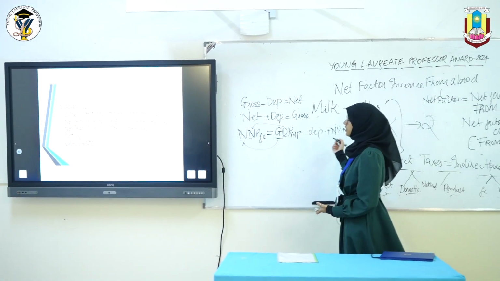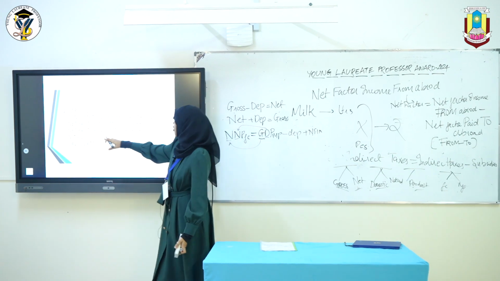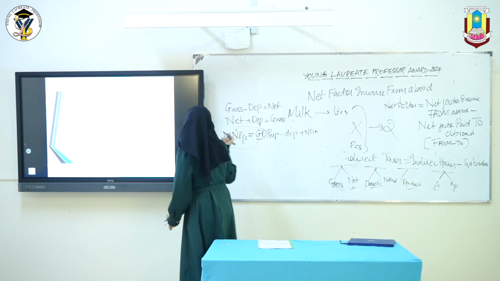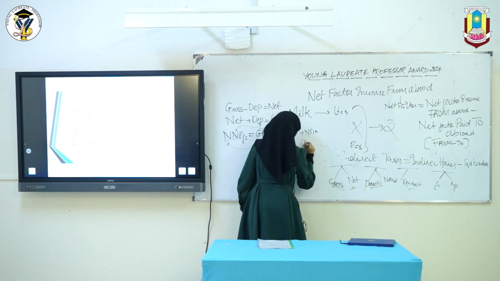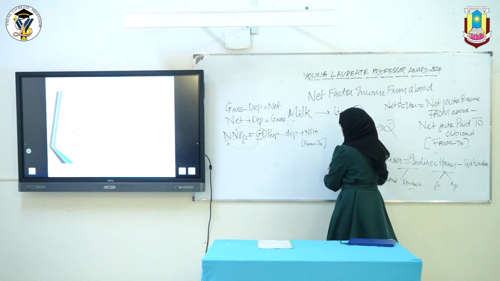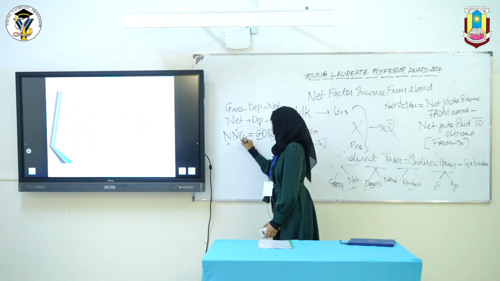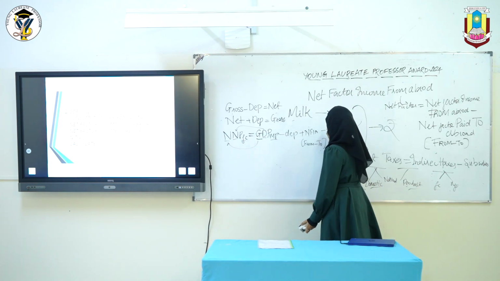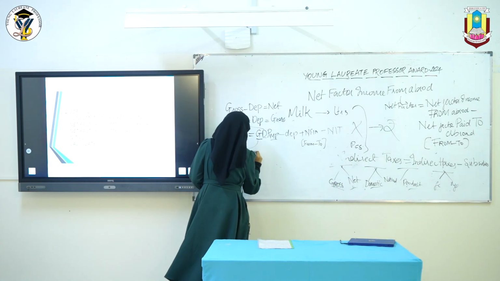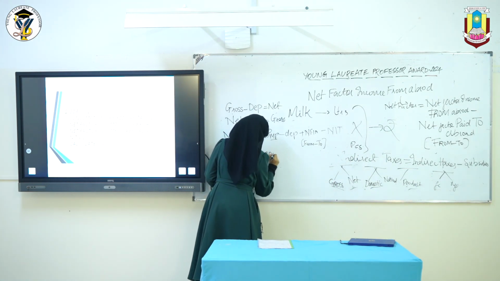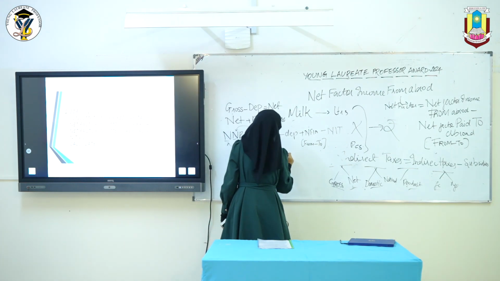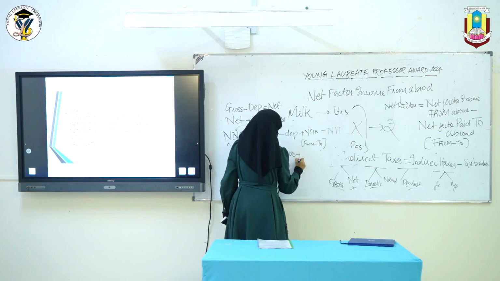We are not given NFI directly, so we use the formula: net factor income from abroad minus net factor income to abroad. So we will simply write it as from minus to, and to go from MP to FC, we will minus NIT.